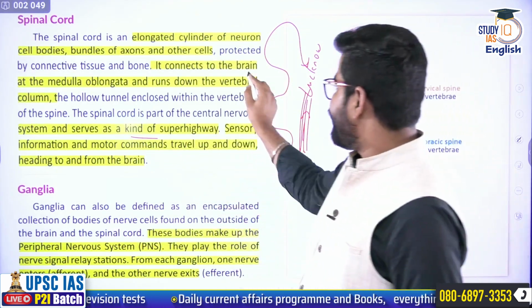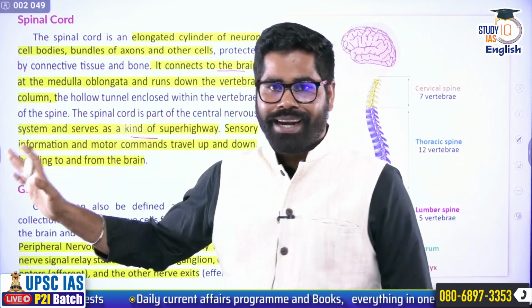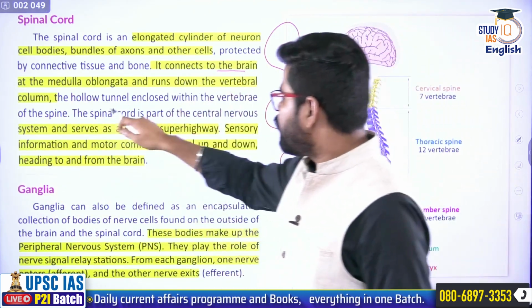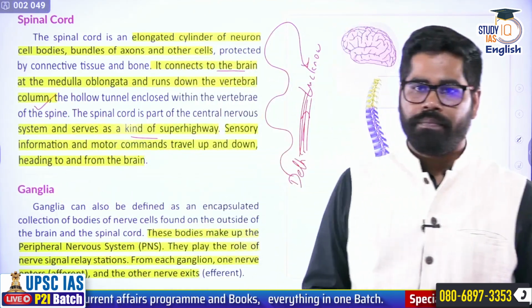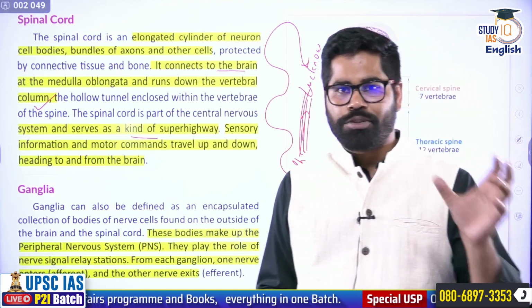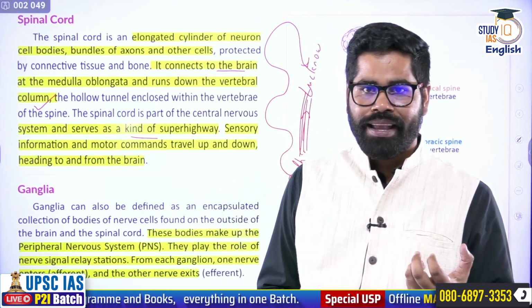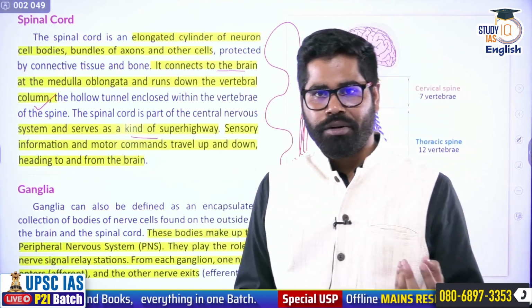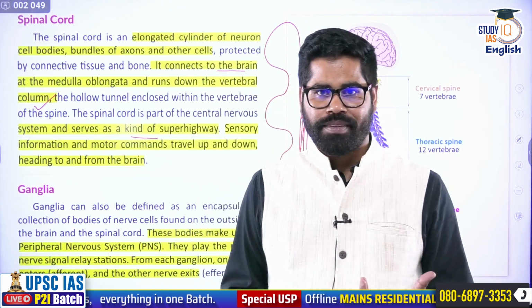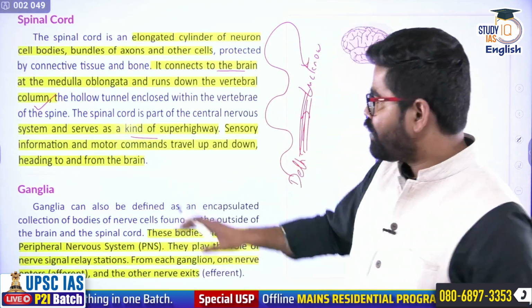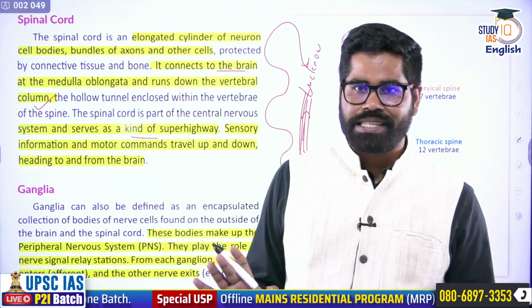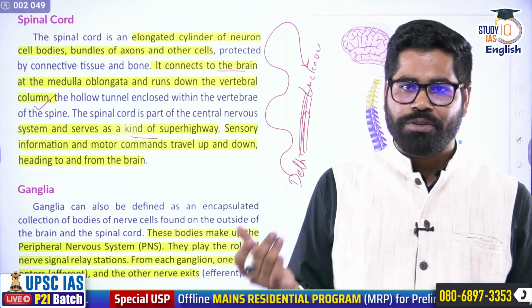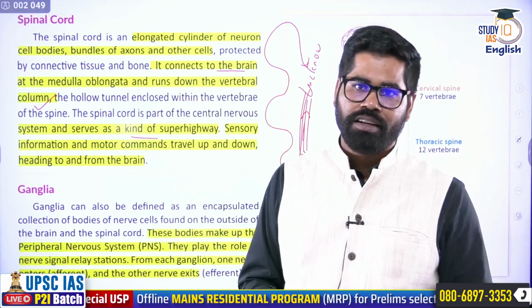It is connecting the brain at the medulla oblongata and runs down the vertebral column. It is passing through that hollow column and connecting all the different nerves of the body with the brain. Now you have understood what the spinal cord is working for. It is basically trying to ensure the smooth functioning of the body.